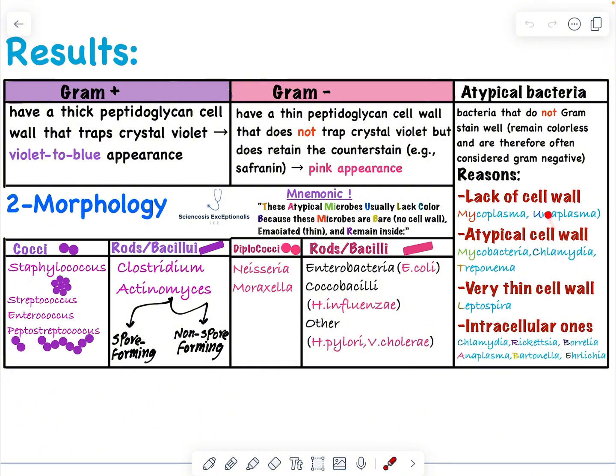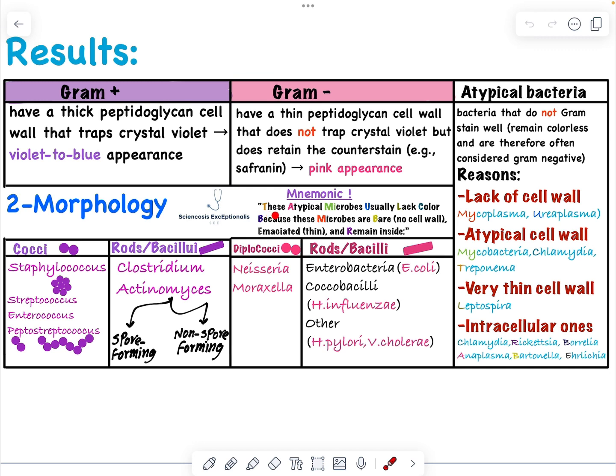To memorize all of these names of atypical bacteria, I have a mnemonic here. These atypical microbes usually lack color because these microbes are bare, that means no cell wall, emaciated, thin, and remain inside.